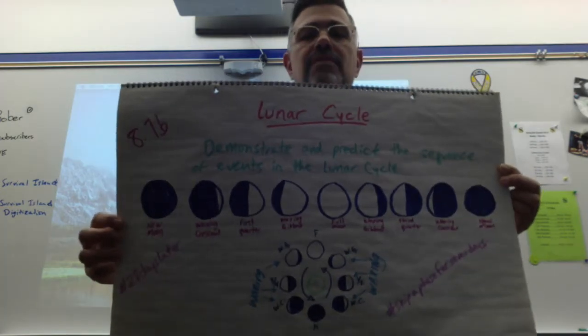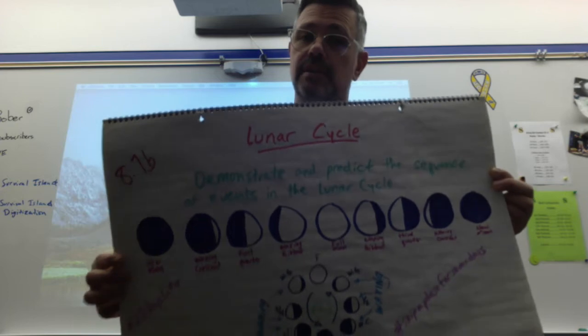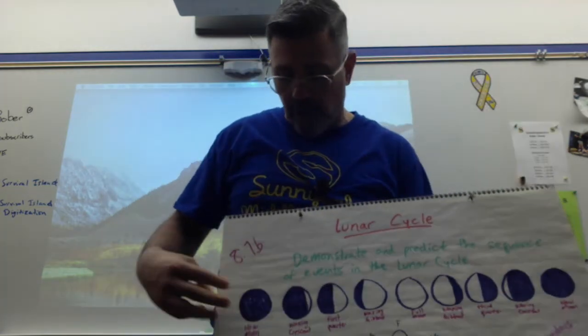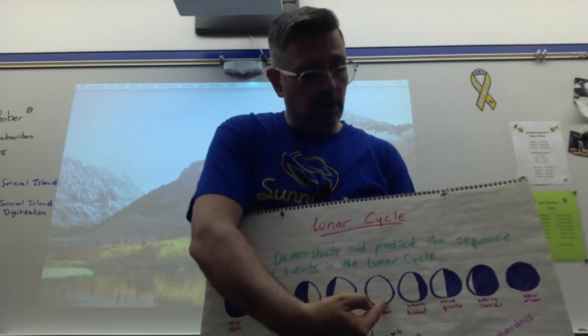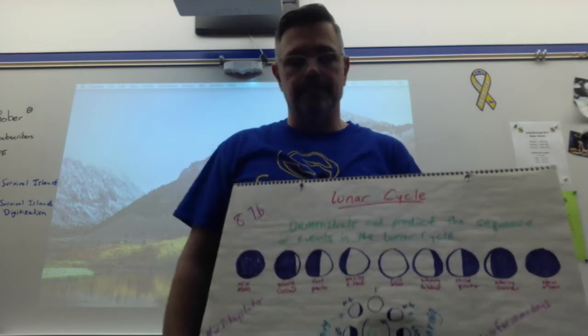So that's why I have the saying, skip a phase for 7 days, because you can essentially go from new moon, skip a phase to first quarter, skip a phase to full, skip a phase to third, just like that.